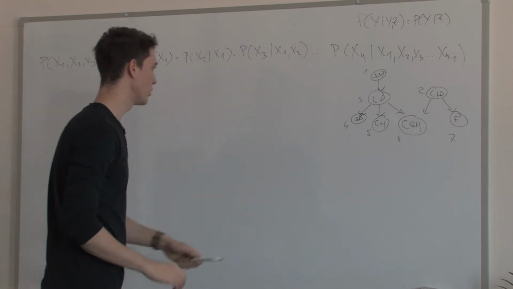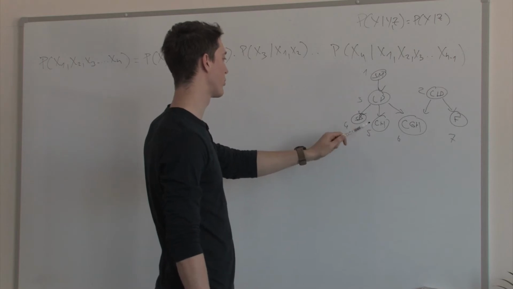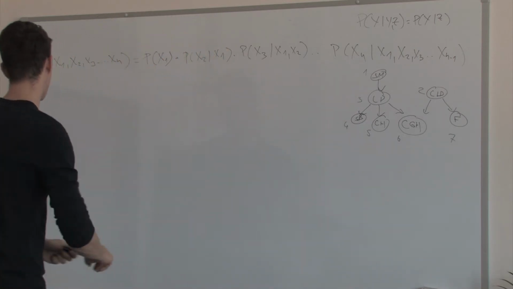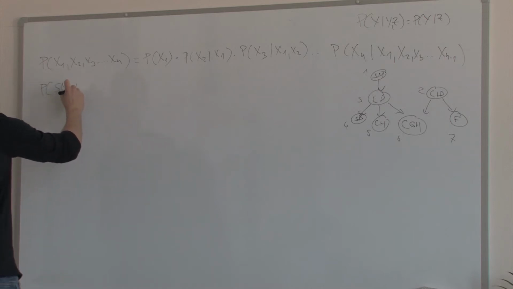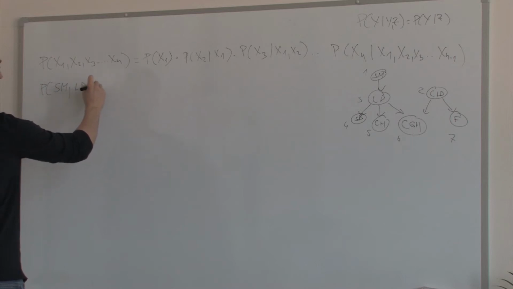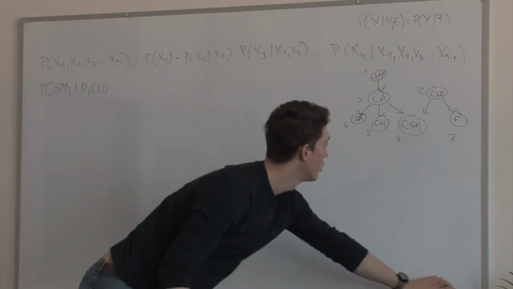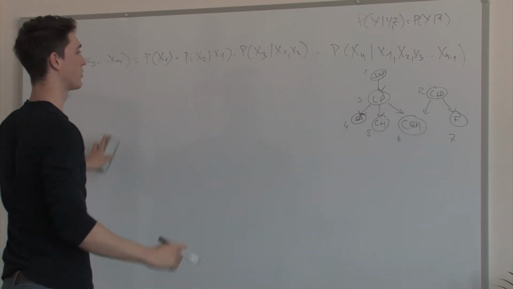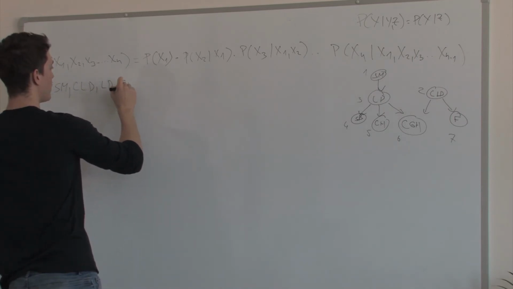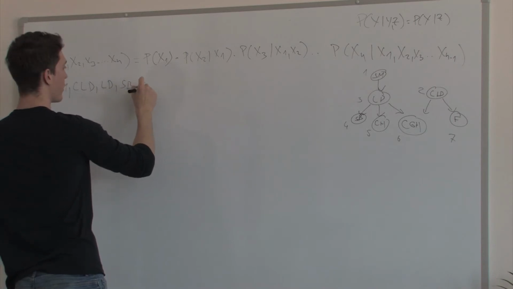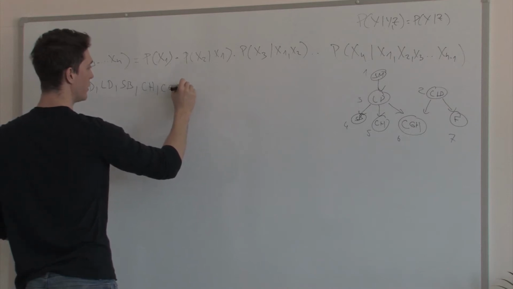And now this is a rule by which we can map the Bayesian network and the full joint probability distribution into the chain rule. So the joint probability distribution of smoking, lung disease, cold. I'll start with the order that is here. So we have smoking, cold, lung disease, shortness of breath, chest pain, cough, and fever.